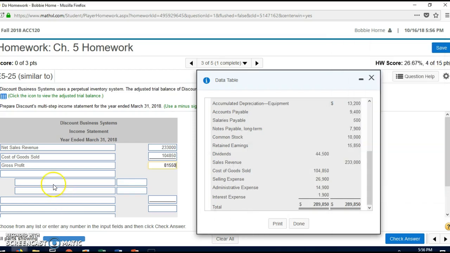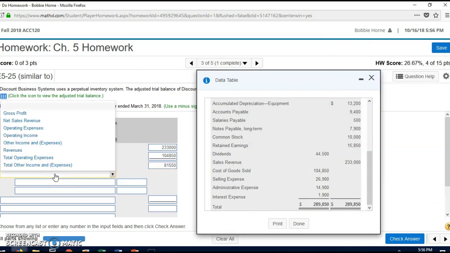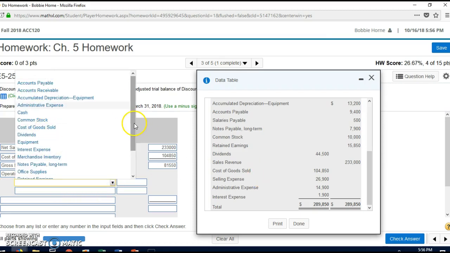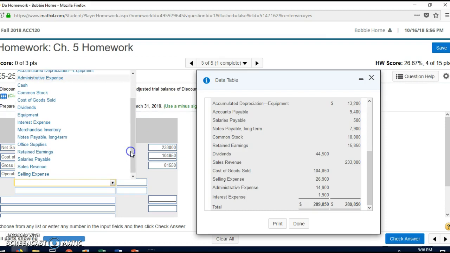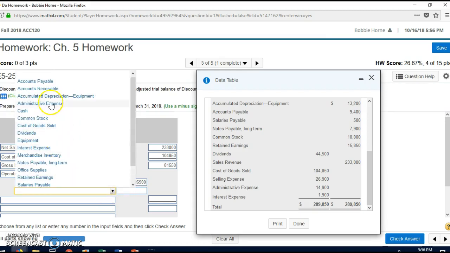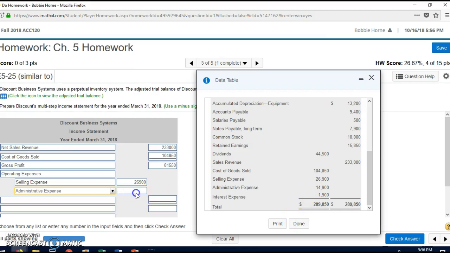And let's see, the next thing is going to be your operating expenses, which are your selling and your administrative expenses. So we'll go in order. Selling expenses were $26,900, and administrative expenses were $14,900.